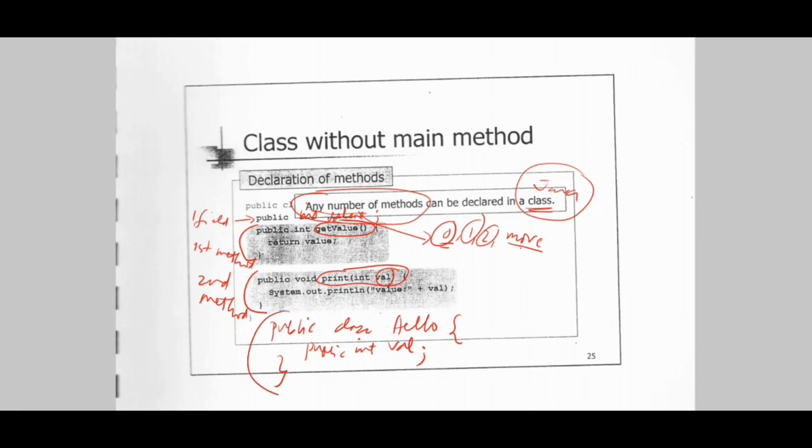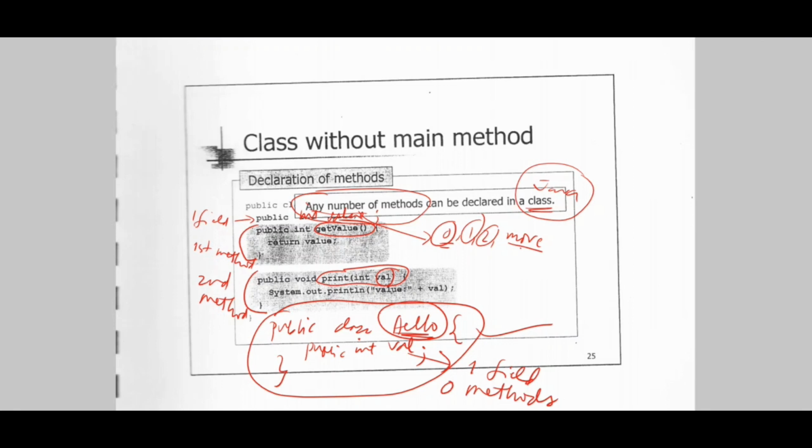Now, can we consider this a Java class? Yes, of course. The Java class name is hello, and it has only one field, and it has zero methods. So the number of methods in the hello Java class is zero, meaning it has no method inside the Java class.